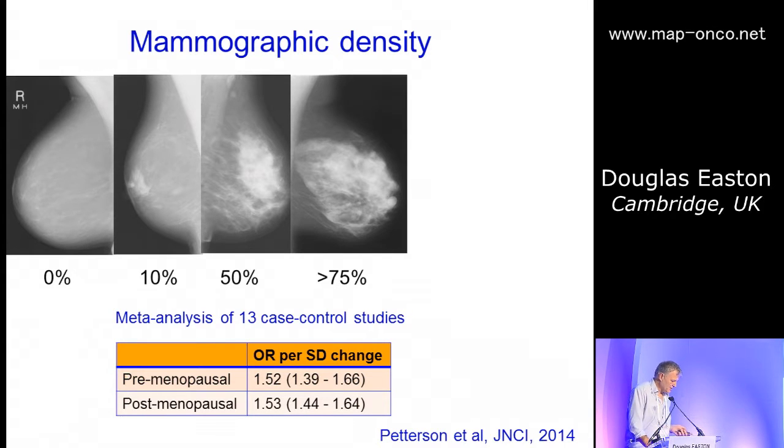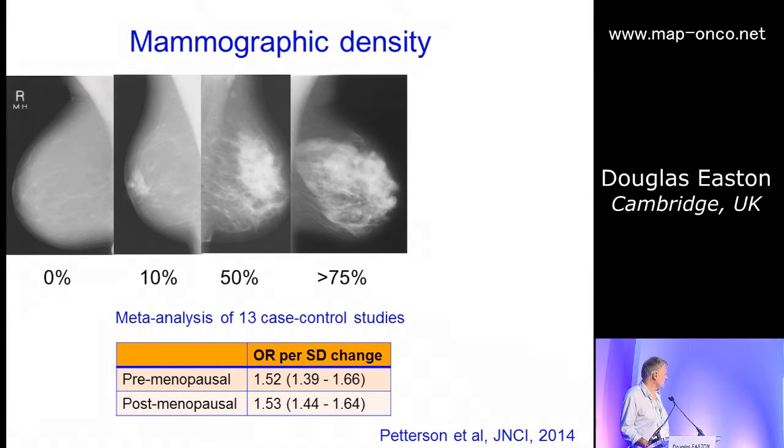Now, I mentioned that there's an important imaging component here, and so the other major risk factor that we know about for breast cancer is breast density, which you can study in various ways, but predominantly on mammograms. And essentially, breast density is roughly as predictive as SNPs.